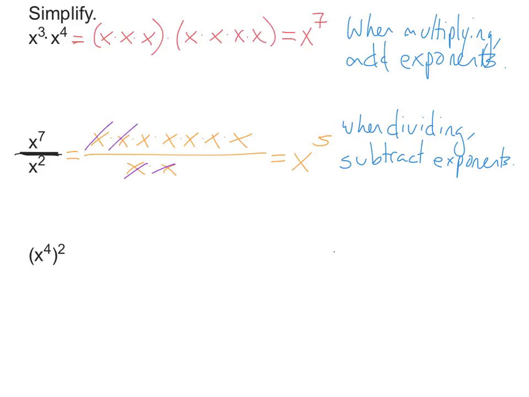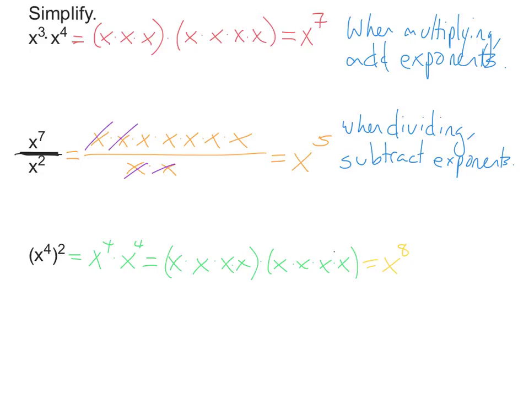Okay, and then finally we have x to the 4th to the 2nd. So this is telling us, because we're taking it to the 2nd, we're taking x to the 4th times x to the 4th. Or what that means is we're taking x times x times x times x multiplied by x times x times x times x. And so 2 times we're taking 4 x's and multiplying them together, and we're getting a final result of x to the 8th.